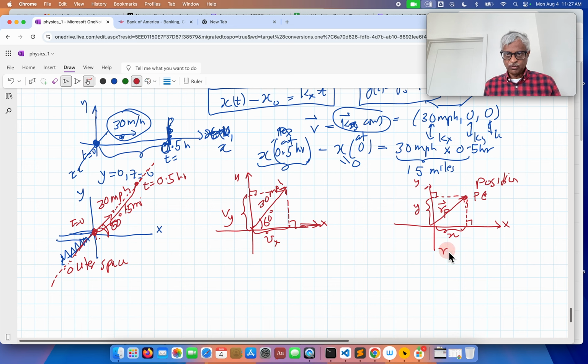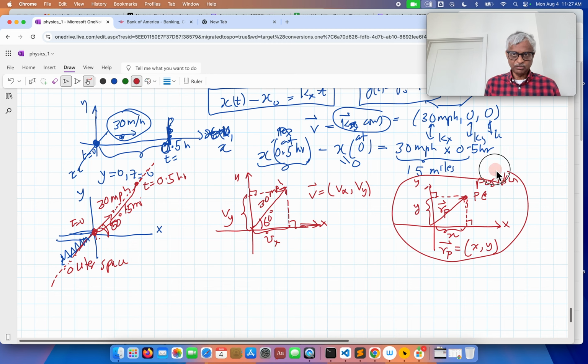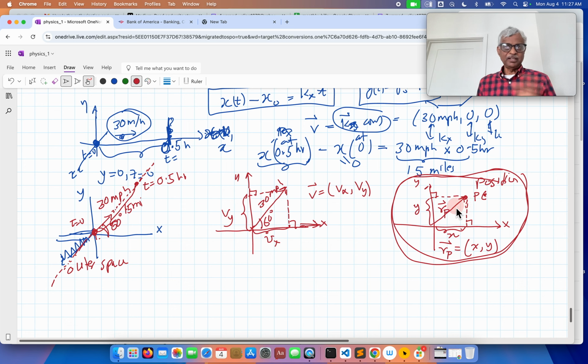And that's how r at p we were able to write x, y. And so here we want to write v equals vx, vy. So we follow the example of projecting all the vectors. By the way, as long as you know how to deal with the position vector, all the vectors work exactly the same way. Let me repeat. If you understand this, and you know all the math back and forth of a position vector, you pretty much have to just copy the same math for all other vectors.